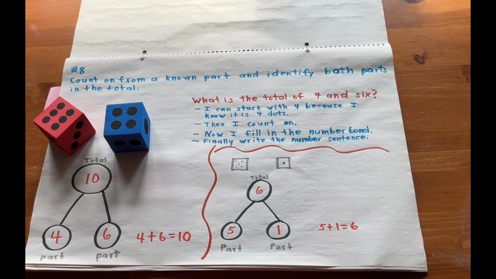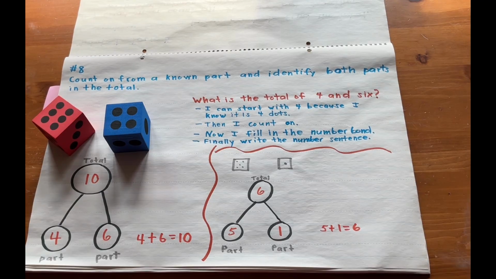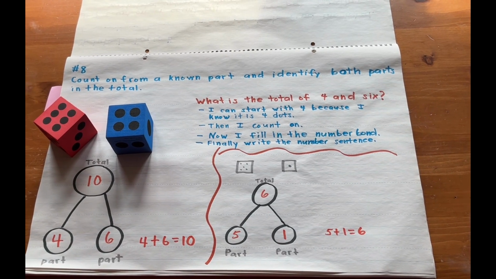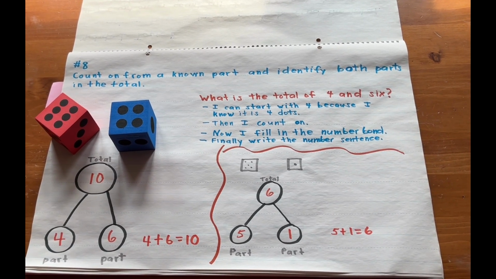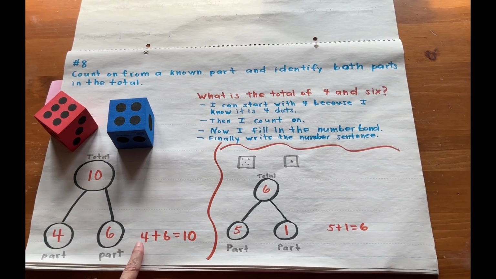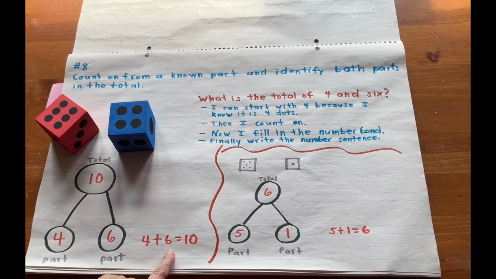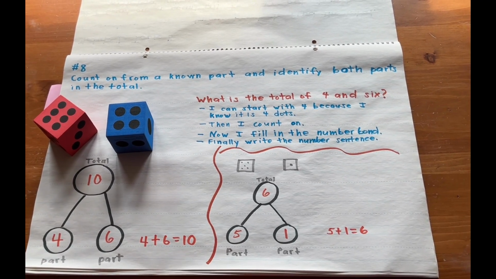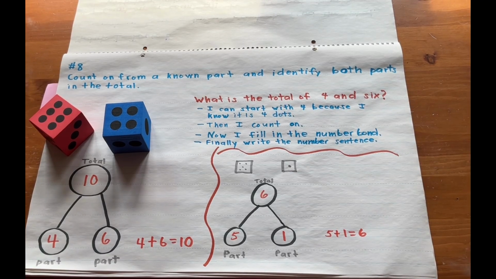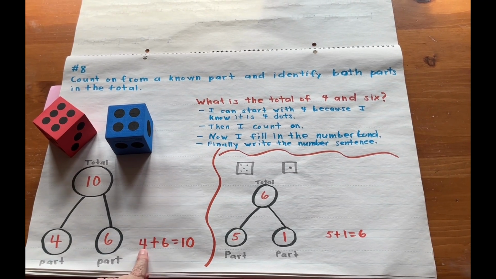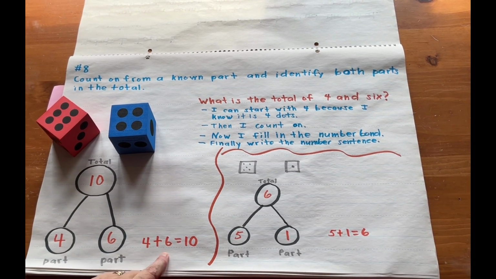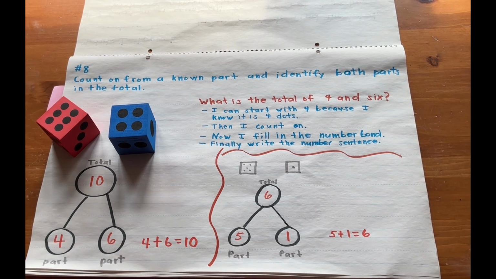Then we write our number sentence. And believe it or not, this is sometimes difficult for children, putting the numbers in the correct place. 4 plus 6 equals 10. So it's really important that we get them in the habit of part 4 plus part 6 equals total 10.